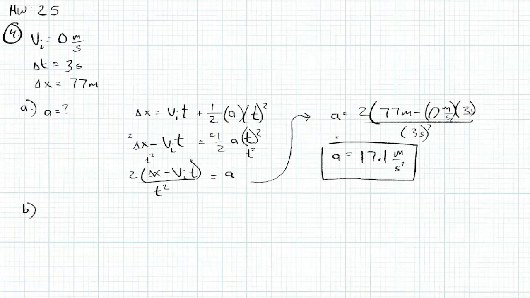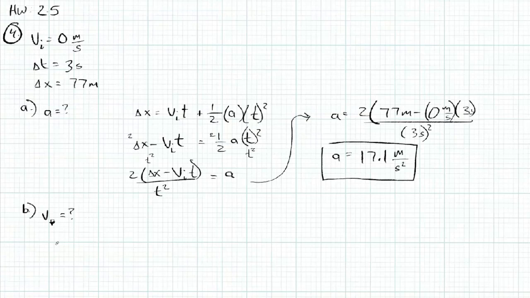Now, part B asks us, what is the speed at this time? Or since our rocket is moving in a straight line, you could also say, what's the velocity? And that would be fine too. Because we know our VI, our VF is what we do not know. Everything else by this time we do know. So what equation would we use for this?